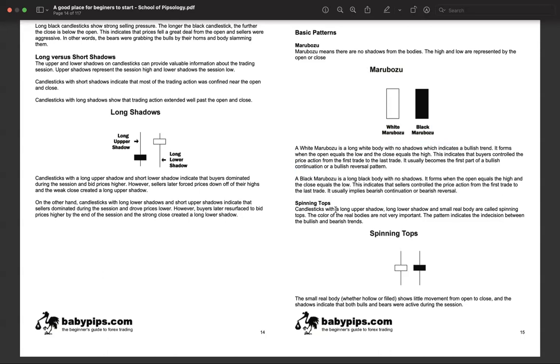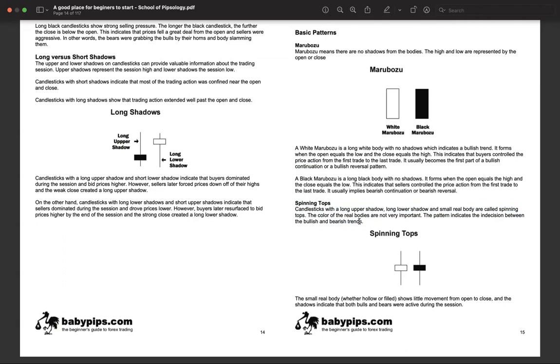All right, and then we also have a candle pattern called spinning tops. Candlesticks with a long upper shadow, long lower shadow, and small real body are called spinning tops. The color of the real bodies is not very important here. The pattern indicates the indecision between the bullish and the bearish trends.